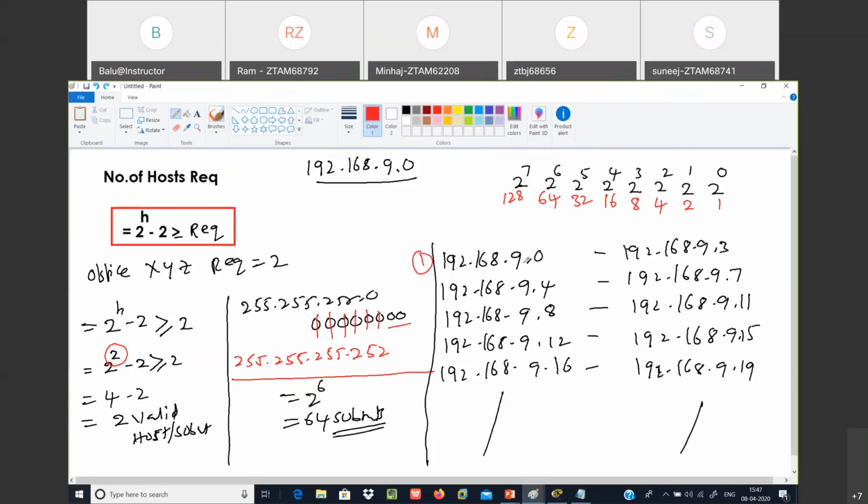So in between there are two usable IP addresses. What is the first usable IP address? The first valid IP address is 9.1, and the last usable IP address is 9.2. The two IPs are the only usable ones.